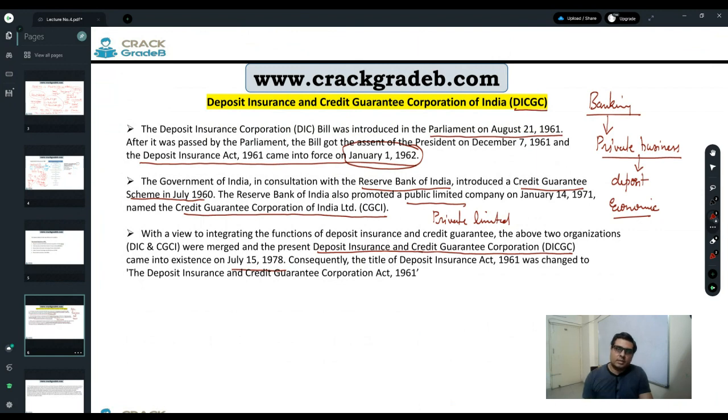In the 1970s, government went for nationalization, and wanted banks to be the engine of growth, right? And bank deposits were secured by what? Deposit Insurance Corporation. Whereas banks can provide the credit through RBI's public limited company, that is Credit Guarantee Corporation of India.